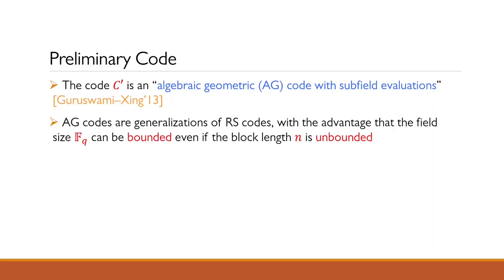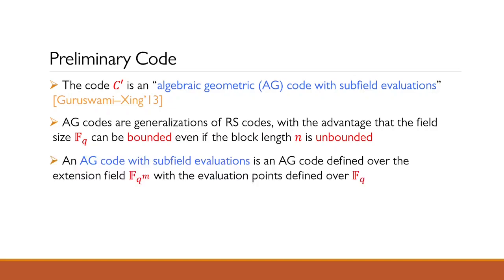So AG codes are a generalization of Reed-Solomon codes with the advantage that it's possible to achieve constant field size, alphabet size, even if the block length n is unbounded. And what we call an AG code with subfield evaluation is a special AG code that is defined over an extension field F_q^m, but the evaluation points come from the base field F_q.